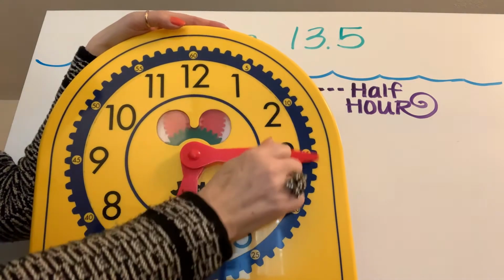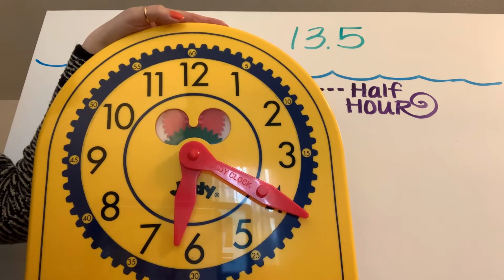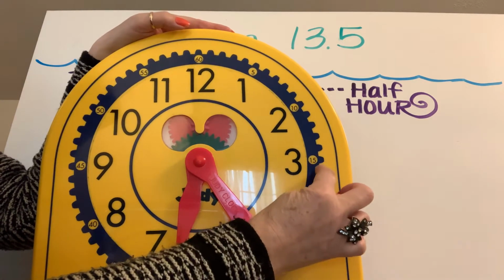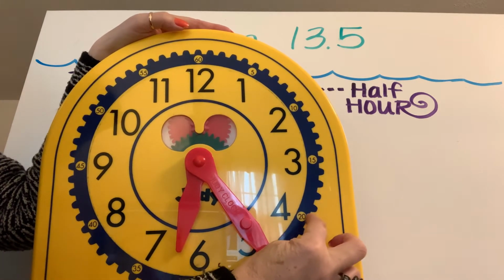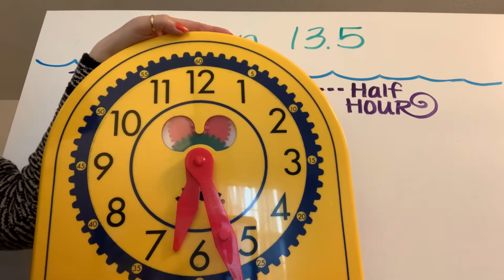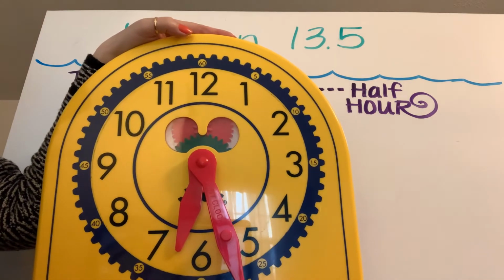So if we were here and then you see the clock go here, the minute hand just counted out 5 minutes. Can you see that? 1, 2, 3, 4, 5. There's 5 minutes between each big number.